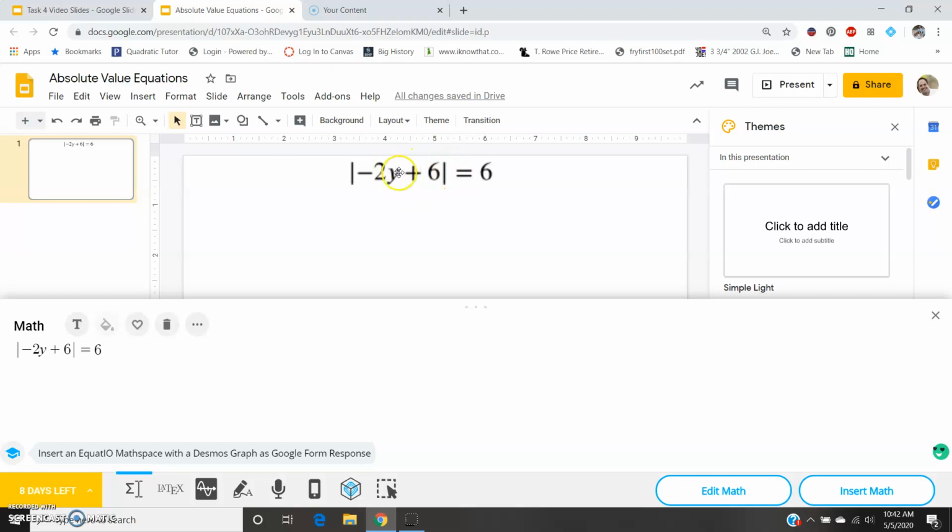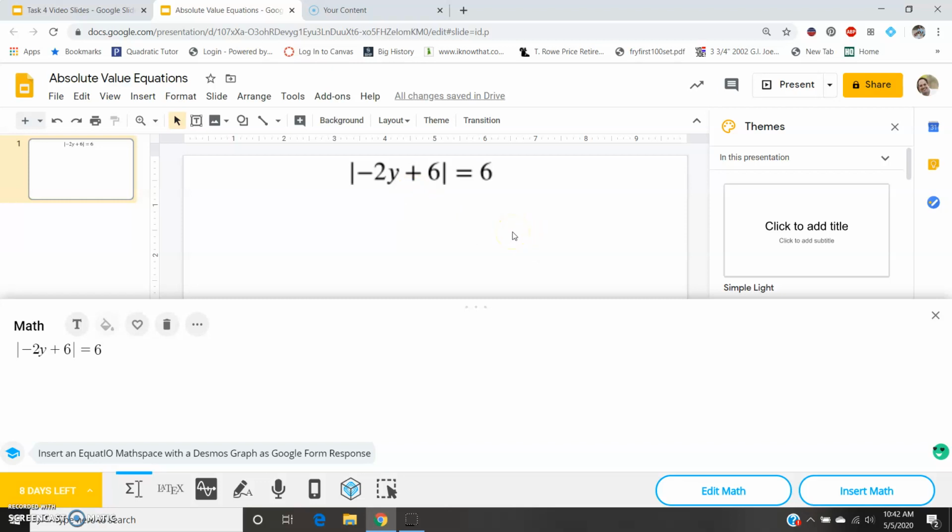The absolute value of 6 is 6, because the absolute value does absolutely nothing to positive numbers, okay? And then I want to figure out what makes this negative 6, because the absolute value of negative 6 is also 6. So there are two answers, which means there are two equations to solve, okay?